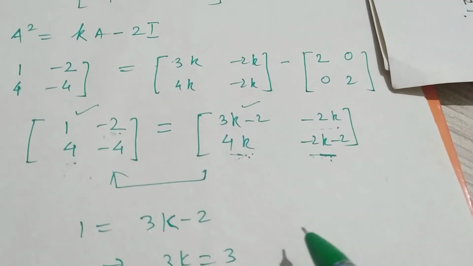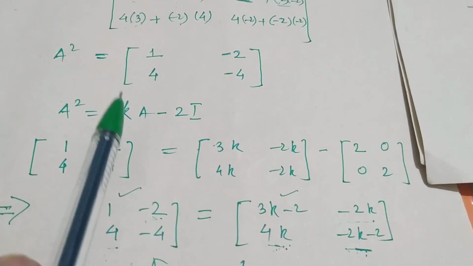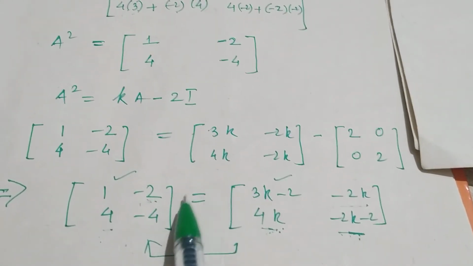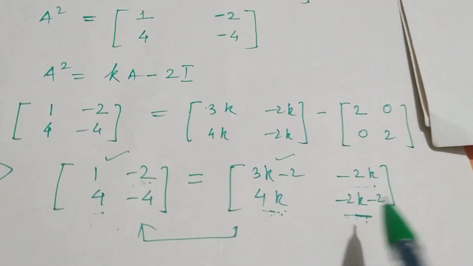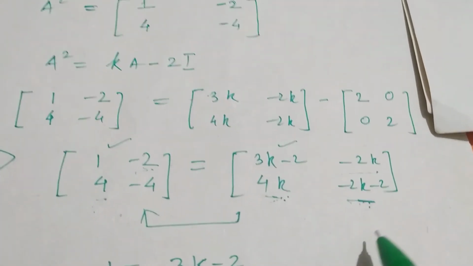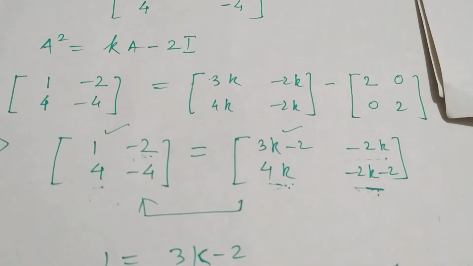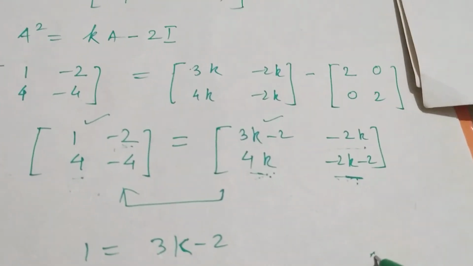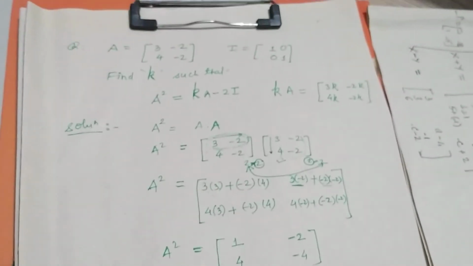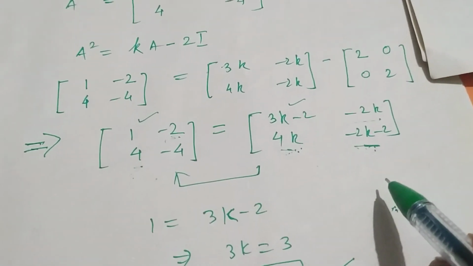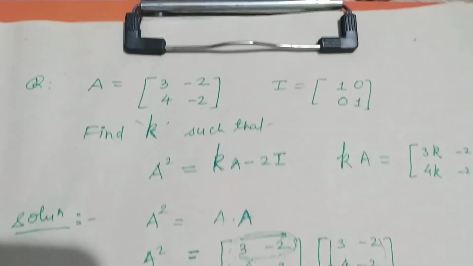If you get multiple values of k from different entries, since each equation should give the same value of k, such a value of k will not exist. Hence, you should equate properly under the given condition and then find the value of k. This is how we found the value of k.